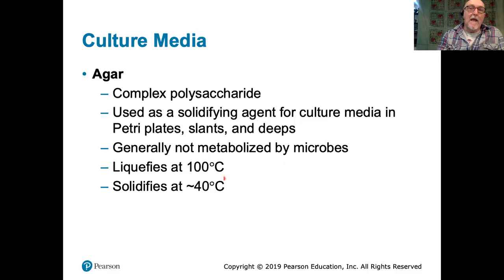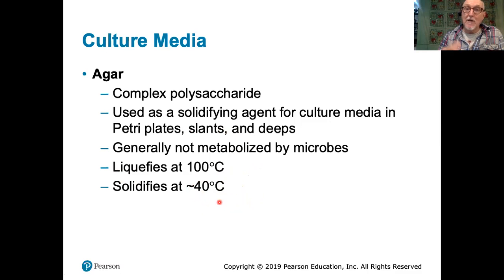Here's the other very important characteristic of agar. I said it liquefies at 100 degrees Celsius, but it only solidifies at around 40 degrees Celsius. At around 40 degrees Celsius, you can pour your plates. Not only is that useful for the microbiologist because you take it out of the autoclave and you can leave it there for ages before you pour your plates, but you can mix bacteria with it, as you'll see in a while, because bacteria will survive quite well at 40 degrees Celsius.